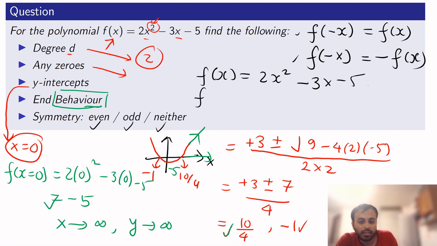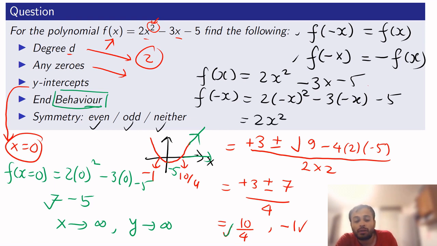If we replace x with minus x, what's going to happen? It would be 2 times minus x square, minus 3 of minus x, minus 5. If you try to solve this, what is minus x square? It would be x square. But this minus and this minus would multiply with each other to get plus 3x, and the minus 5 remains minus 5.